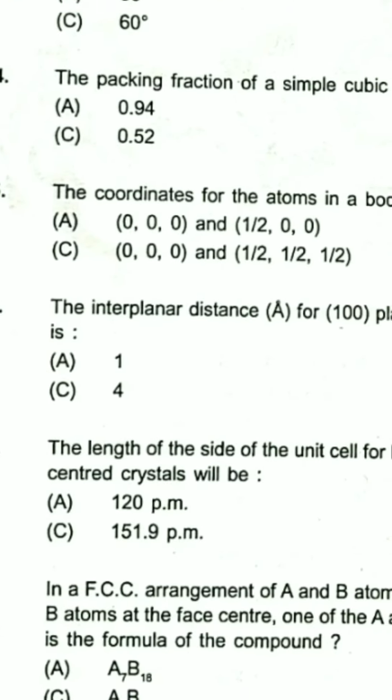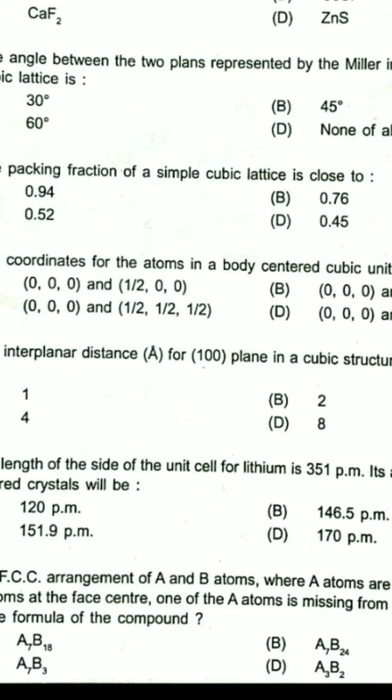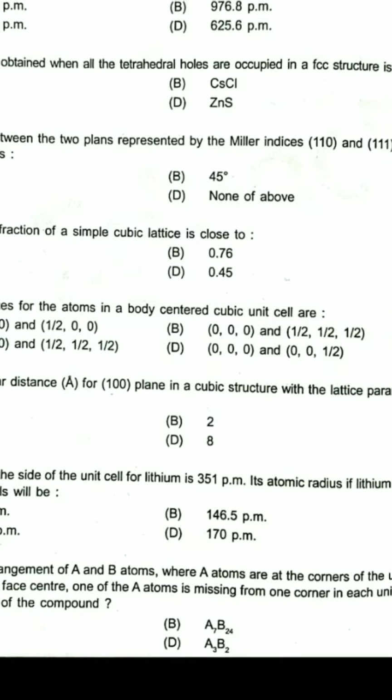Number 6 question, the interplanar distance in angstrom for 100 plane in a cubic structure with the lattice parameter of 4 angstrom is? For cubic system, interplanar distance is given as d_hkl square equals a square by h square plus k square plus l square.